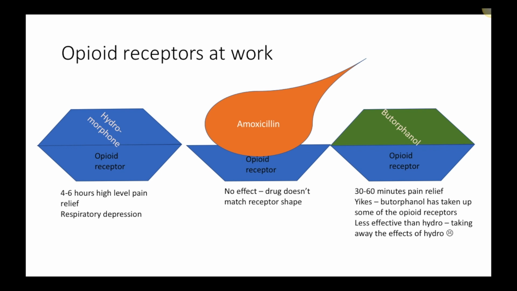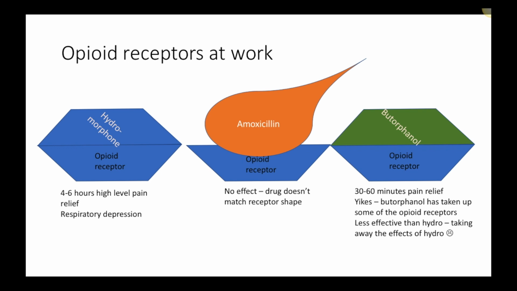But what's happening is, now that you've given hydromorphone, butorphanol has taken up some of the opioid receptor spaces. It's less effective than hydromorphone, so essentially it's taking away the effects of hydromorphone because it's taking up the spaces that the hydromorphone should have taken up.